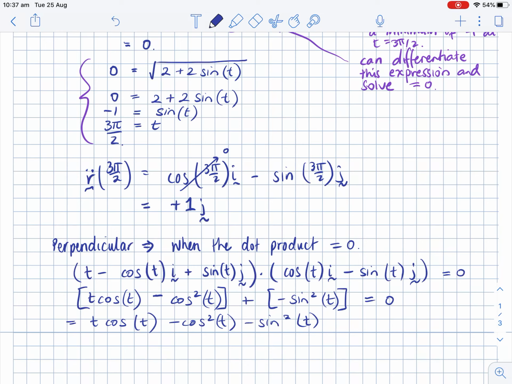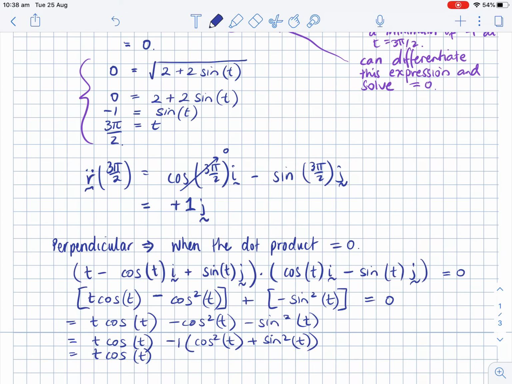Now minus cos squared minus sine squared is the same as negative 1. I'll write the whole steps in here just so you can see exactly what I'm doing. Negative 1 times cos squared t plus sine squared t. And I've done that because now I've got a cos squared t and a sine squared t. We can use the trigonometric identity to say that that is 1.